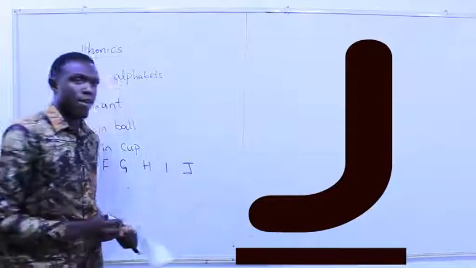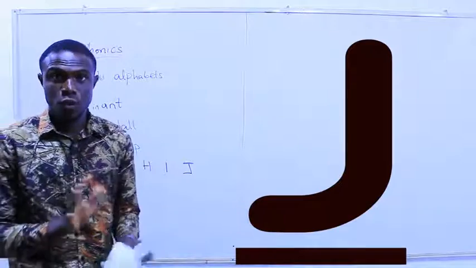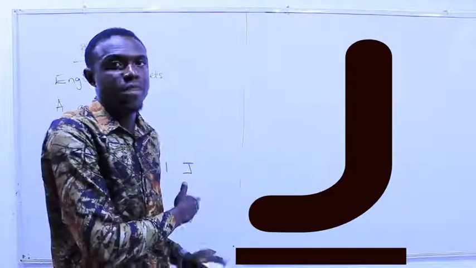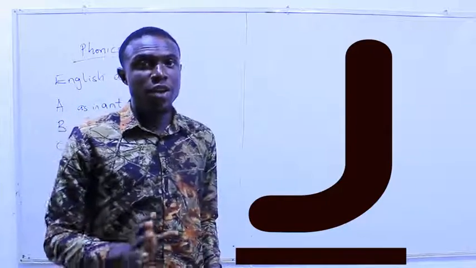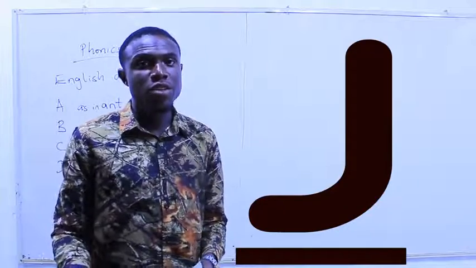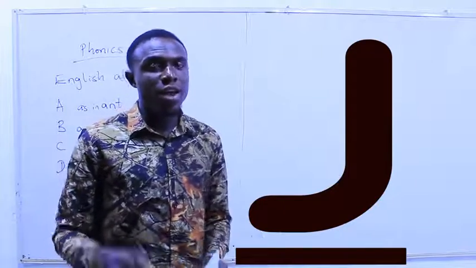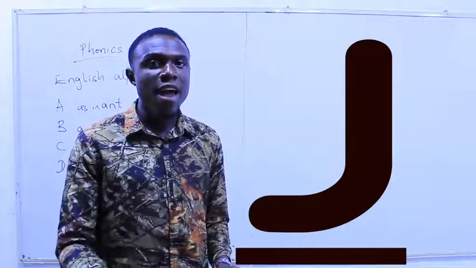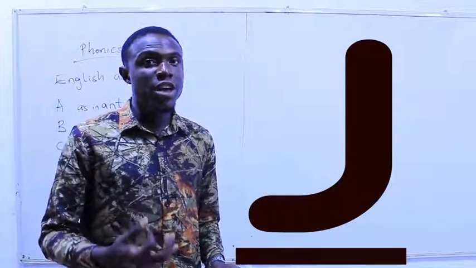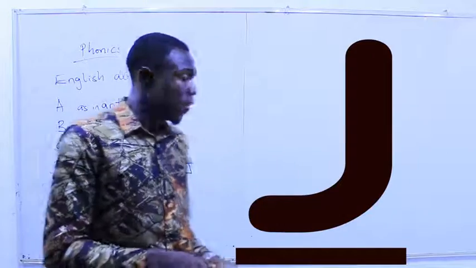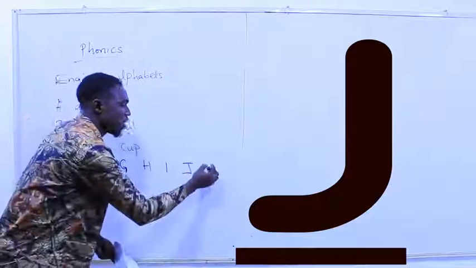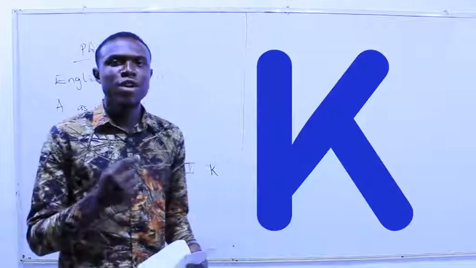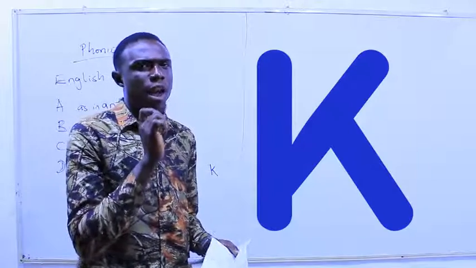The J. You see, this one is also simple like the rest. I know the other ones are very simple, so this one is equally simple. J. A, B, C, D, E, F, G, H, I, J. Okay, now look at the next one, K. K is just like J, but you make it have a vibrating sound.